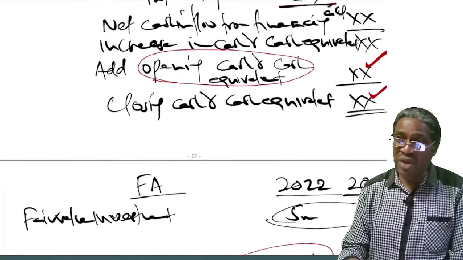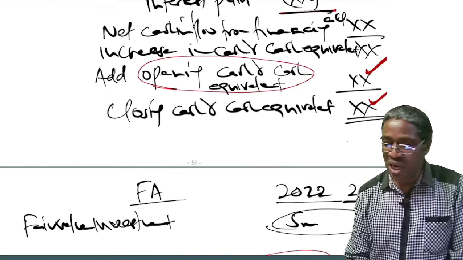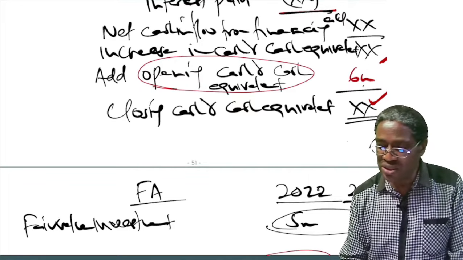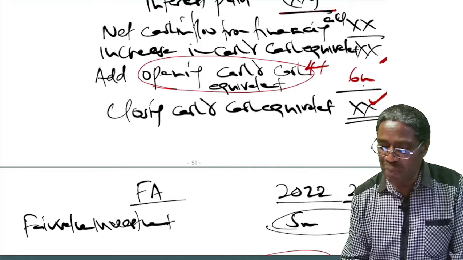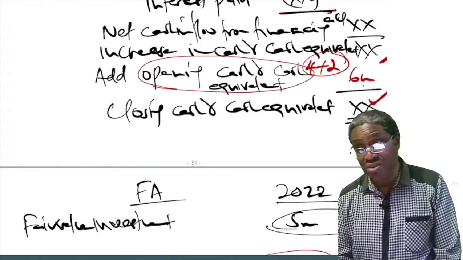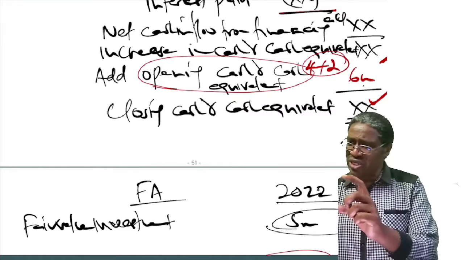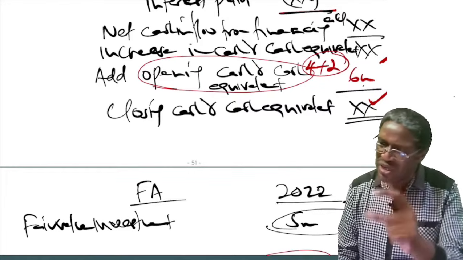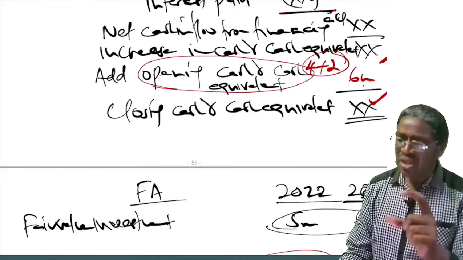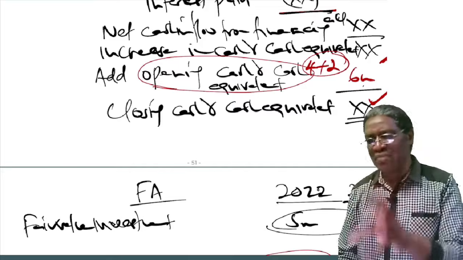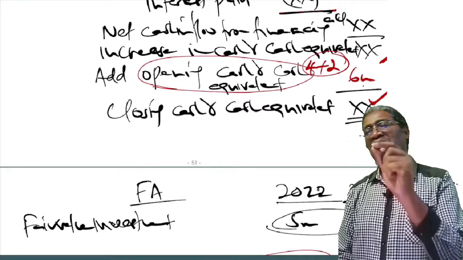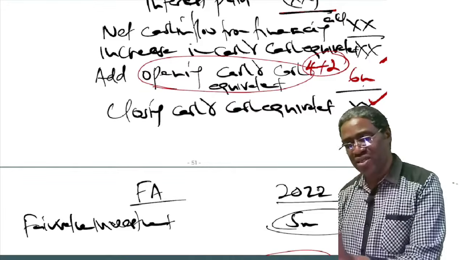So when I'm preparing my cash flow statement here, I will start and say opening cash and cash equivalent 6 million, which is the cash of 4 million plus the short-term investment of 2 million. So in other words, any short-term investment among the current assets, by whatever name the examiner is calling it, always consider it to be a cash equivalent.